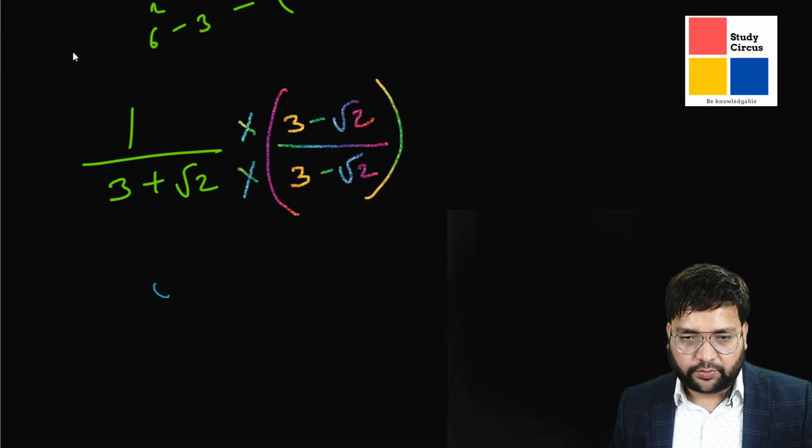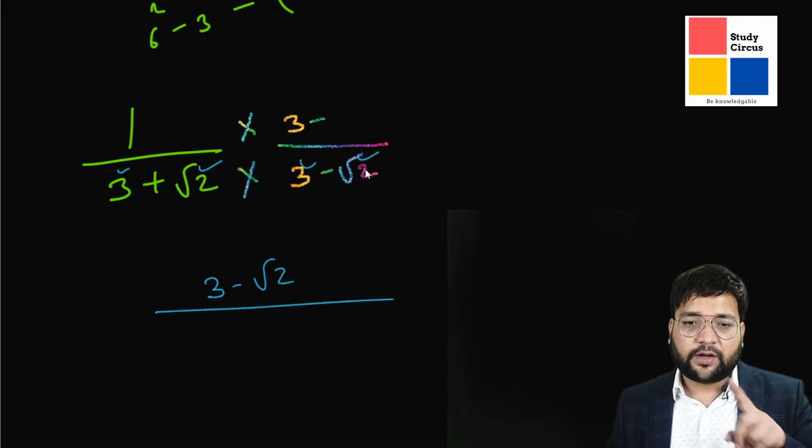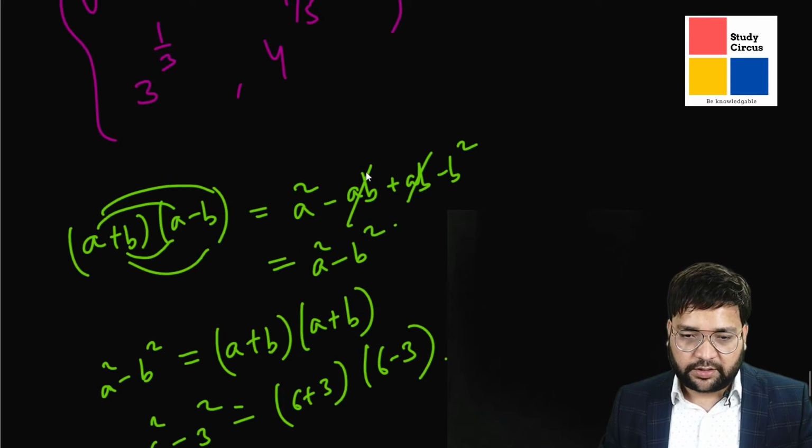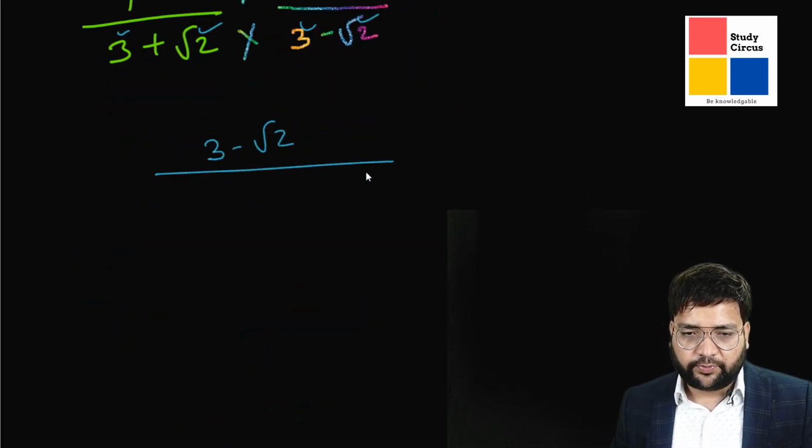So the numerator is 3 minus root 2 only, and then the denominator is what? a plus b times a minus b is a square minus b square. We just saw this, right? Same identity we'll use here.